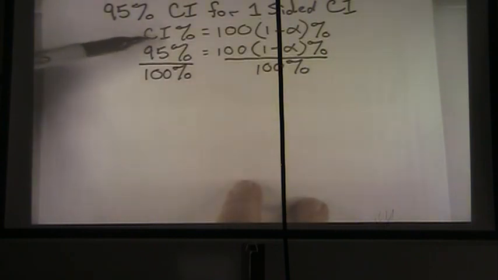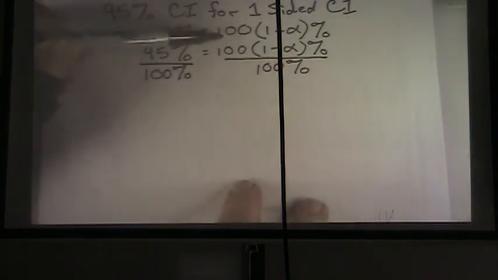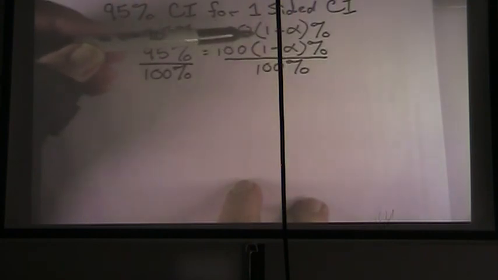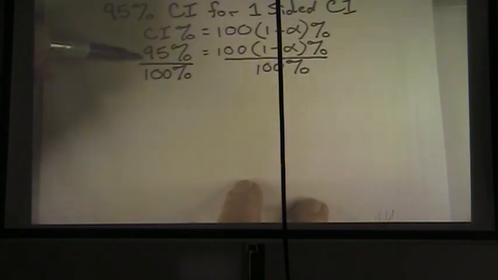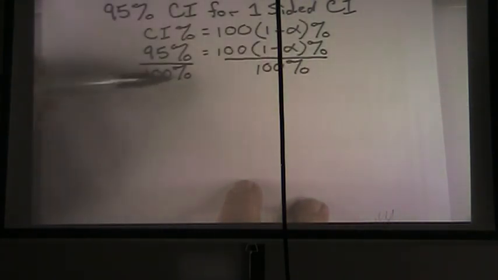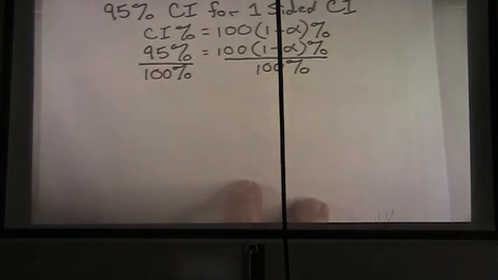Our confidence interval percentage equals 100 times the quantity, 1 minus alpha percent. I substitute in my 95% for my confidence level. That's equal to 100 times the quantity 1 minus alpha percent. Then I divide both sides by 100%.